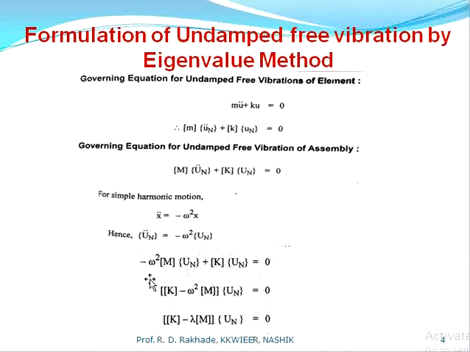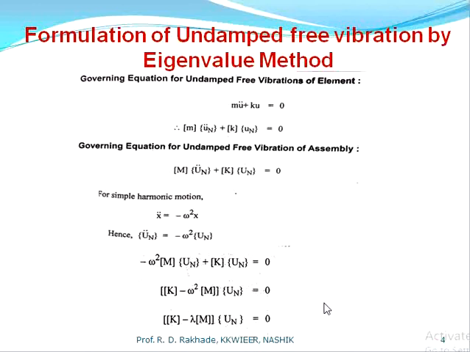So we can write (minus omega square M plus K) U_N is equal to 0. Then after simplifying we'll get (K minus lambda M) U_N equal to 0.